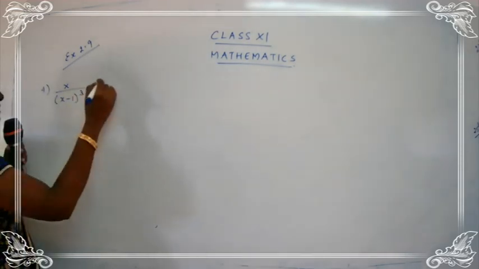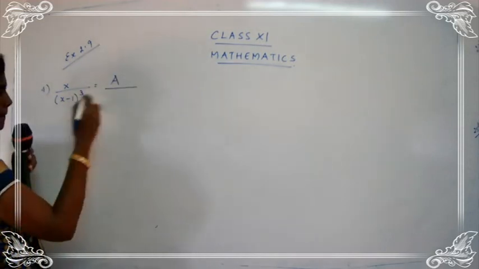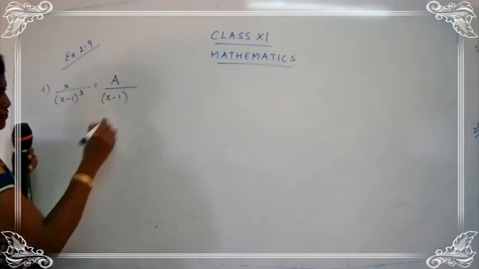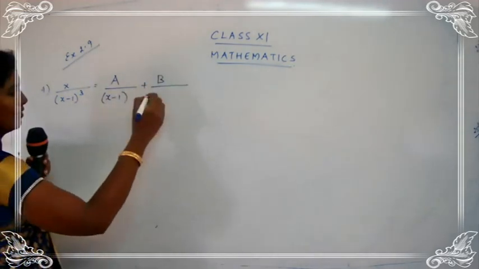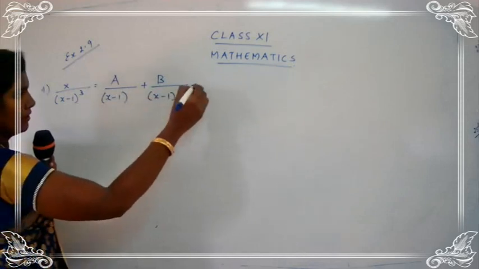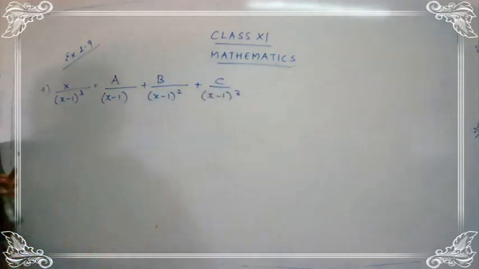So this will be written as, just see here carefully children, a upon x minus 1 plus b upon x minus 1 the whole square plus c upon x minus 1 the whole cube. I hope you are clear with the splitting.